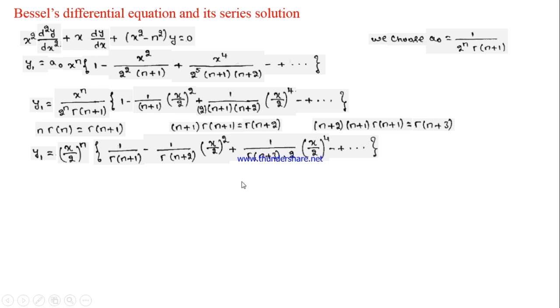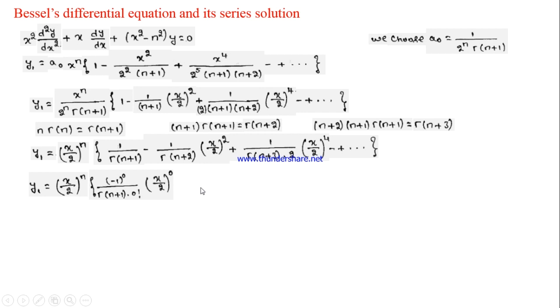Now next we are supposed to express this infinite series in summation. For that we are supposed to identify the general term of this infinite series. For that, this is what I am doing. I will rewrite this expression as minus 1 power 0 divided by gamma of n plus 1 into 0 factorial into x by 2 power 0.